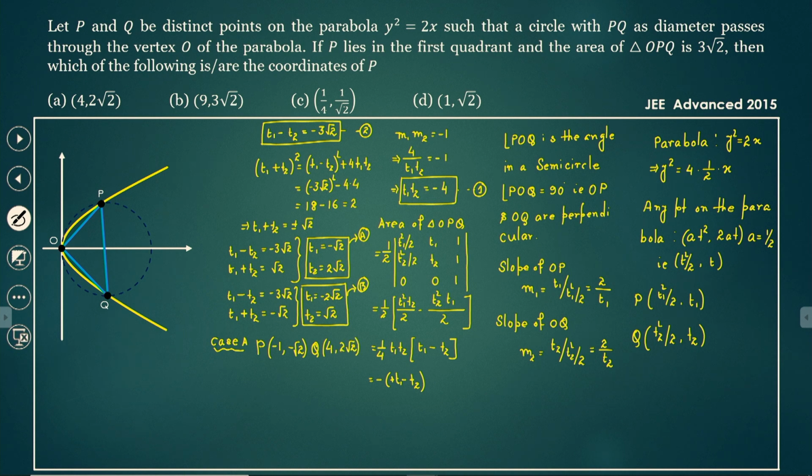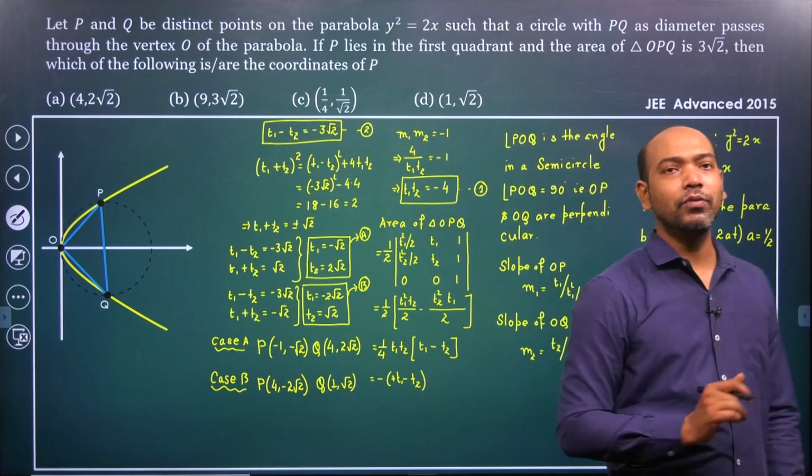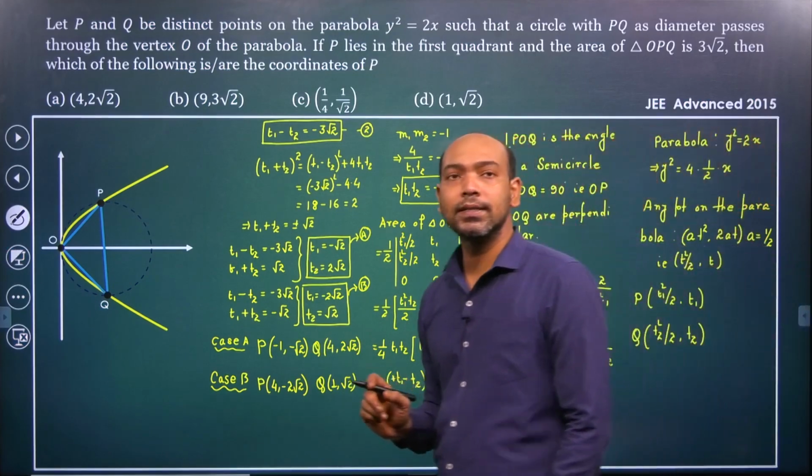That's it. And case B, that's P will come back as 4 and minus 2 root 2 and Q is equal to 1 and root 2. So just substitute the appropriate values. So these are the possible values of P and Q. But here one concern is there.